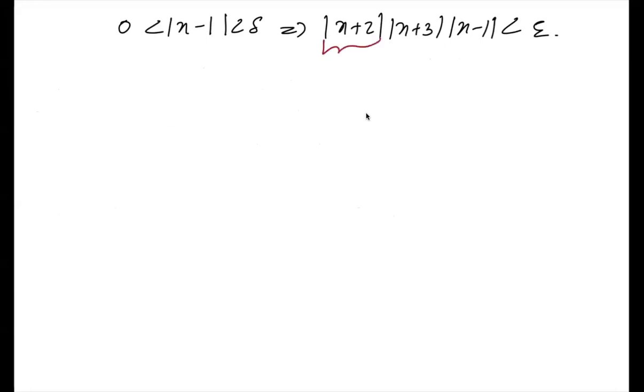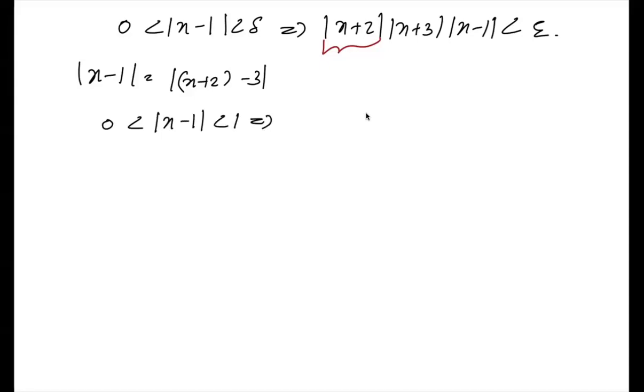I can get, let's say, x minus 1 equals x plus 2 minus 3. And then I would say, if the absolute value of x minus 1 is less than 1, this implies x plus 2 minus 3 is less than 1. And this implies the absolute value of x plus 2 is less than 4.